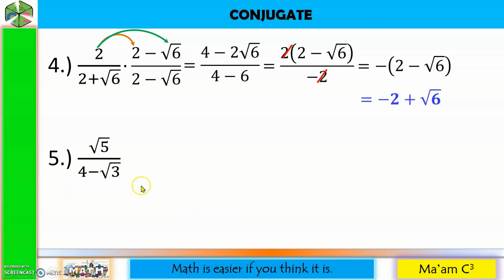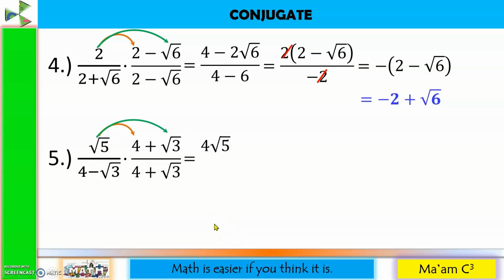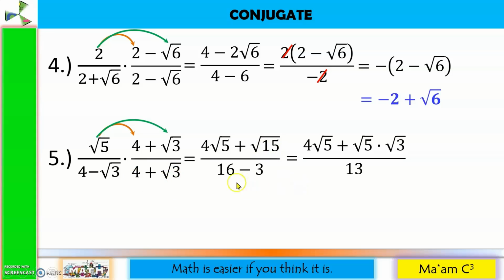Another one, the conjugate of this is 4 plus square root of 3. Square root of 5 times 4 is 4 square root of 5. Square root of 5 times square root of 3 is square root of 15. For the denominator, 4 squared is equal to 16. And then minus, square root of 3 squared is equal to 3. 15 is 5 times 3, and 16 minus 3 is 13.